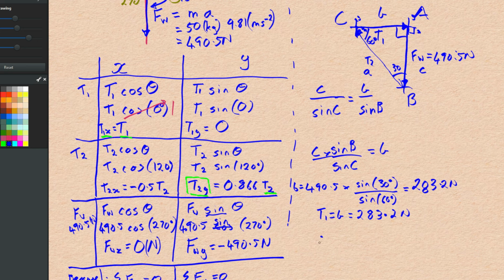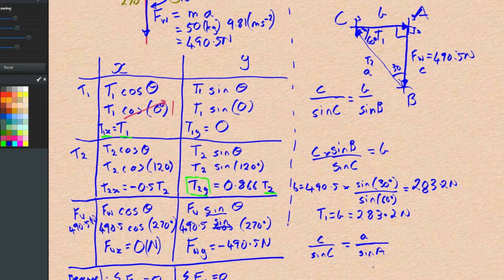let's use the same thing as we did before, c over sine C, because that's what I know, is equal to, let's go with a over sine A. What we could do is rewrite this, and instead of a, we're going to say that that is T2.